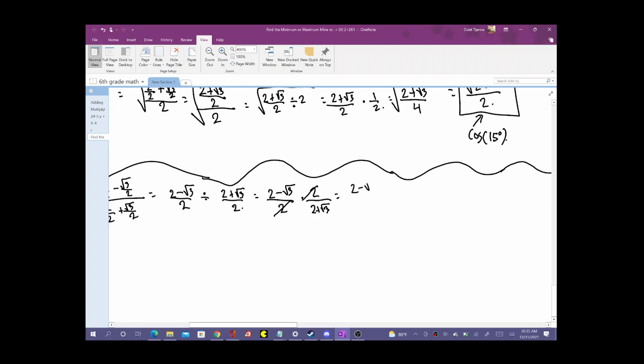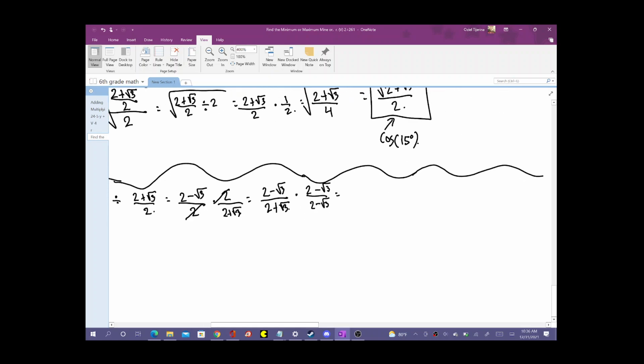You have 2 minus square root of 3 over 2 plus square root of 3. If you want, you can rationalize the denominator. You're going to do 2 minus square root of 3 on top and bottom. This becomes 4 minus 2 square root 3.